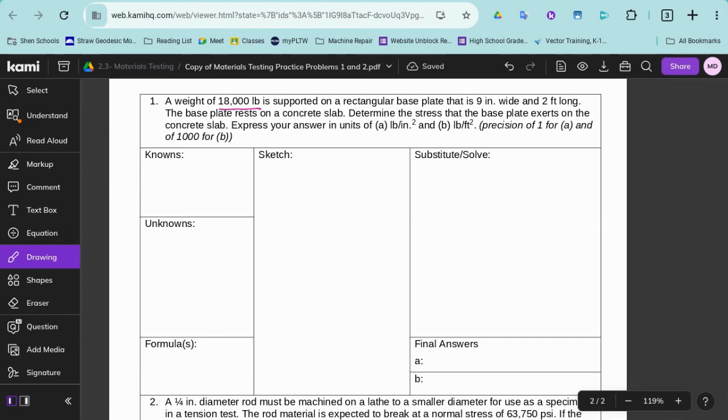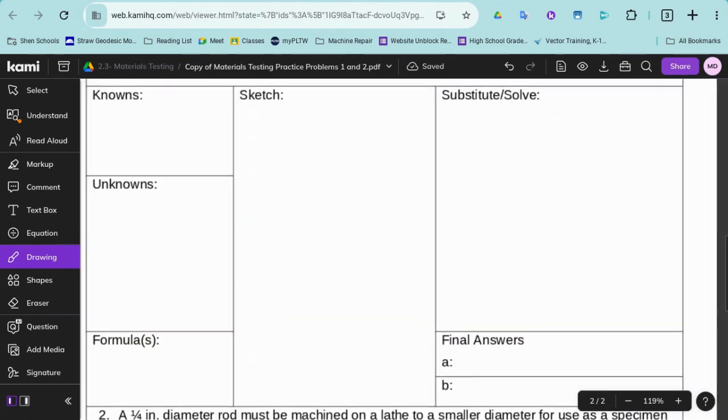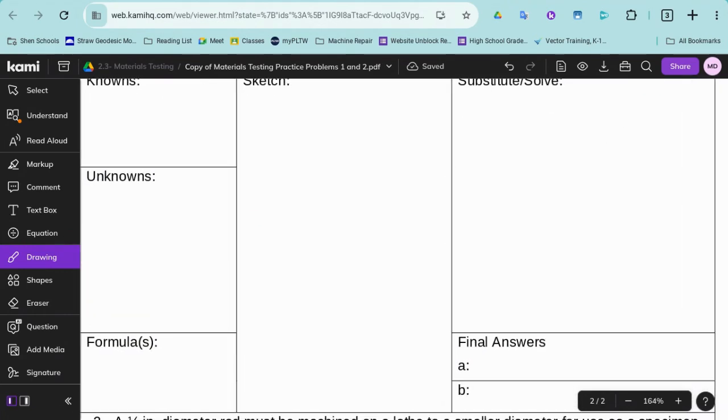So let's first sketch what's being described here. We've got a rectangular plate that measures 9 inches by 24 inches. So our sketch here should show us the plate and should be approximately to scale. Doesn't actually matter how thick this is. We're not told, and that's not going to have an impact on the outcome of this.